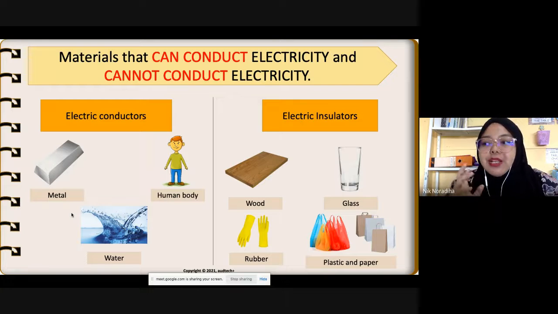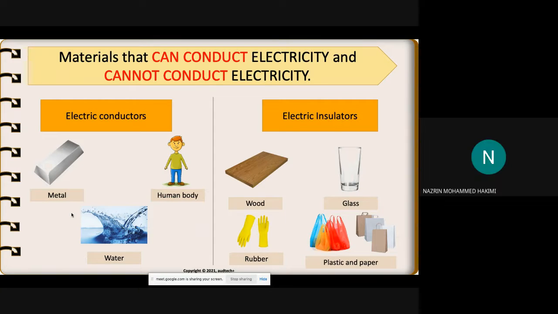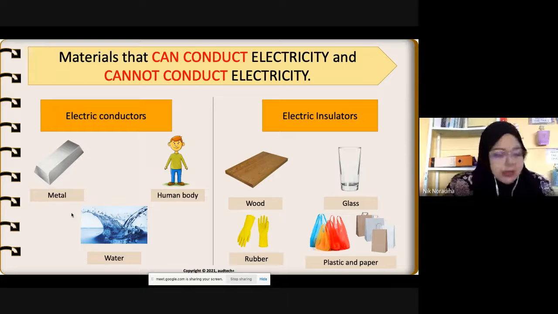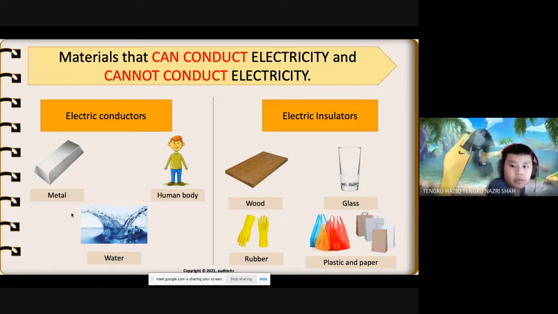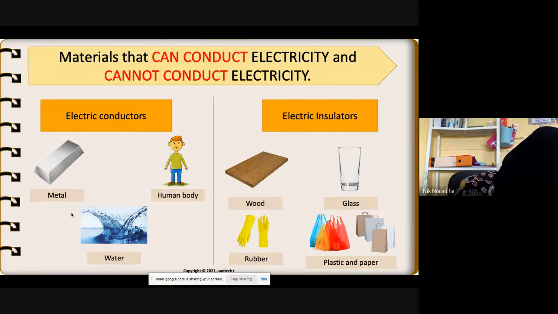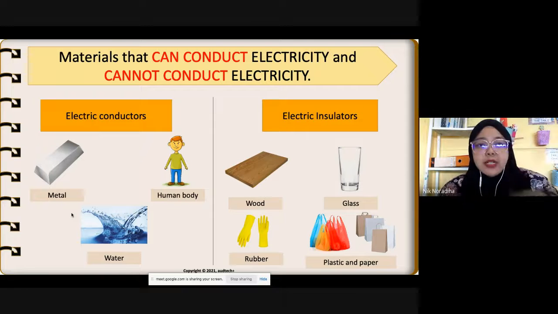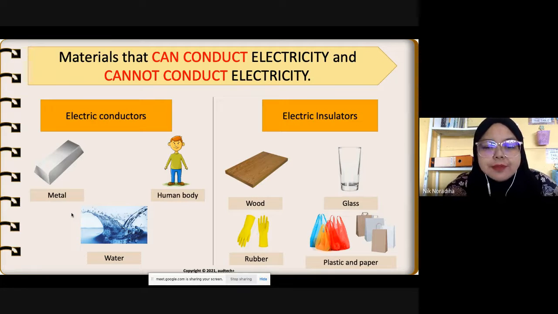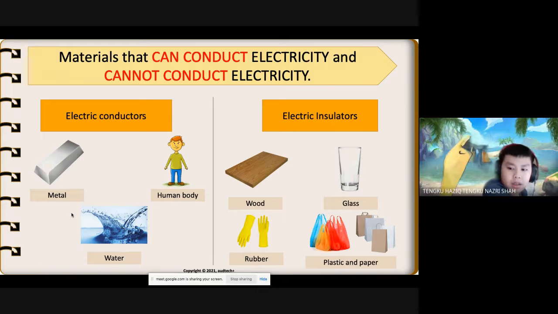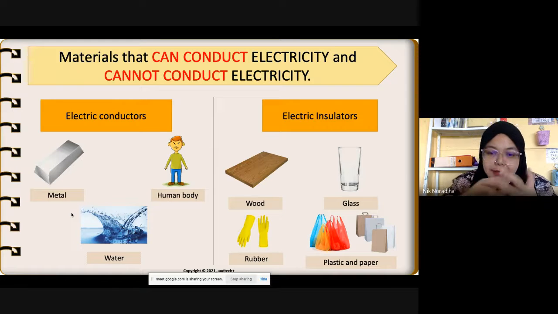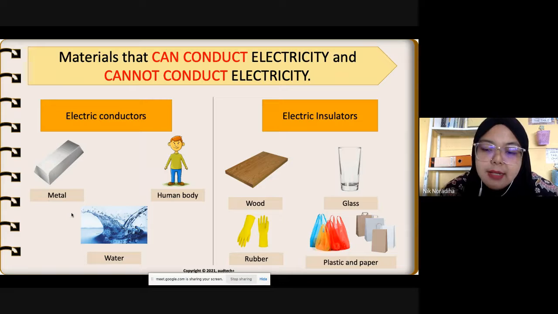What should you use to cover your hand? Tissue, correct, because tissue is electric insulator. Glove, correct. What else? Paper. Or you can put your hand inside the plastic, because plastic is electrical insulator.